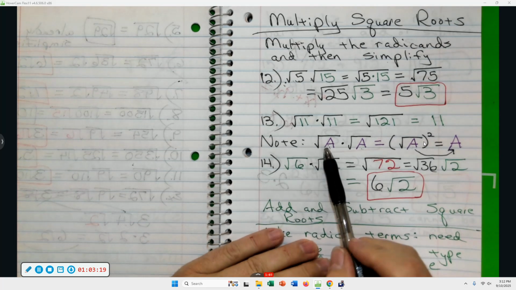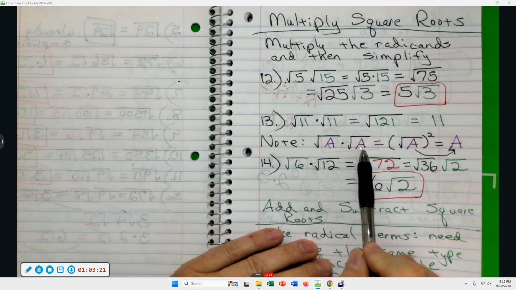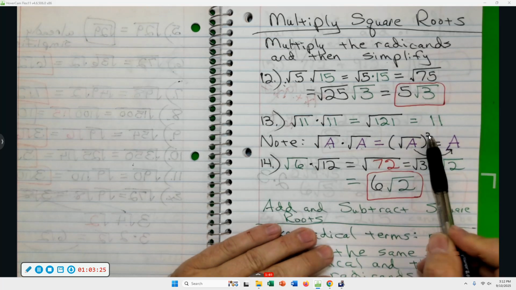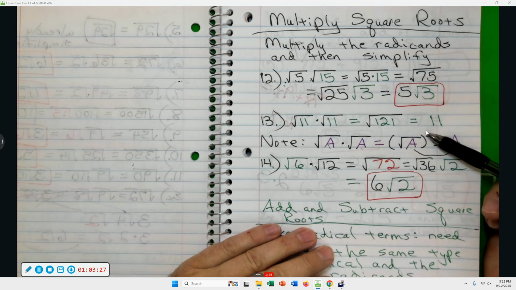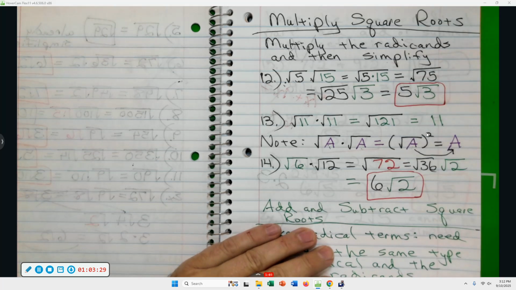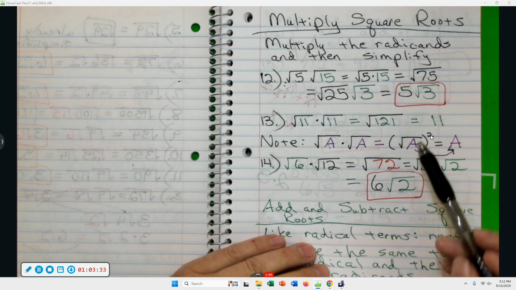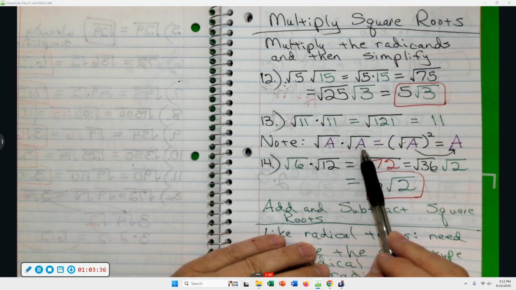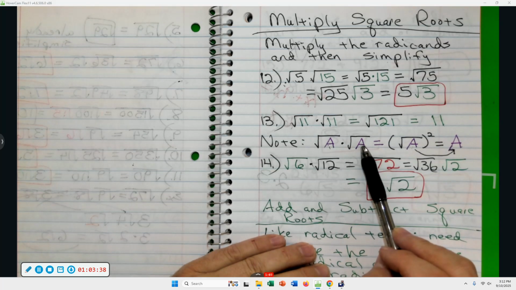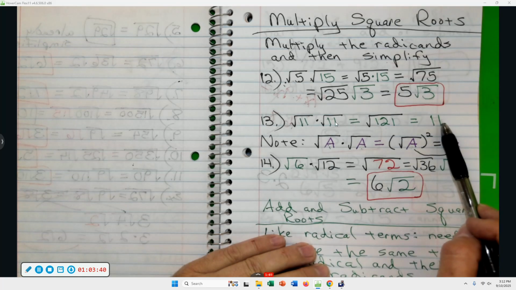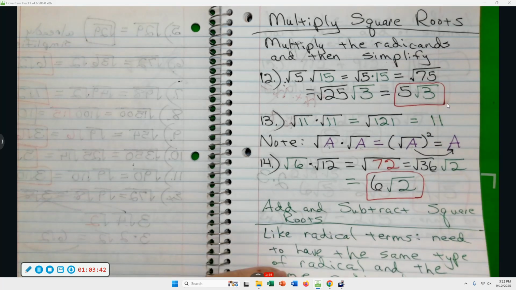Do y'all remember this? We said if you have a square root times itself, then that's the square root being squared, and the square undoes the impact of that square root. Something times itself, a square root times a square root, just leaves you with the radicand. That's going to be an important concept.